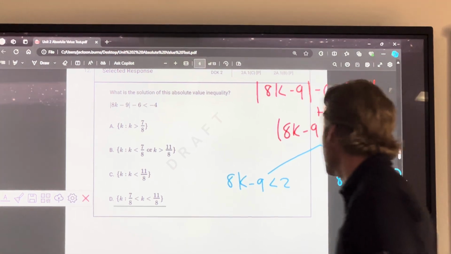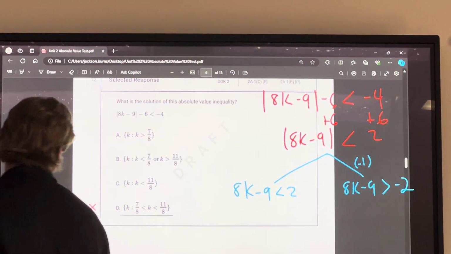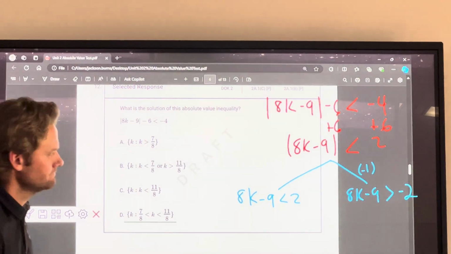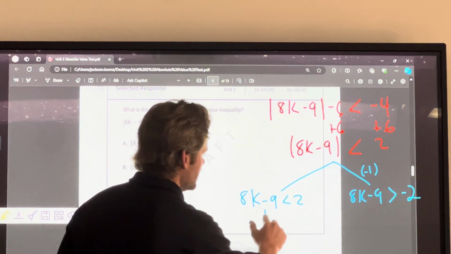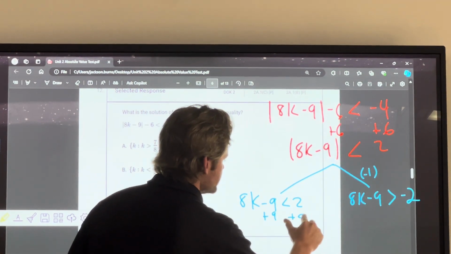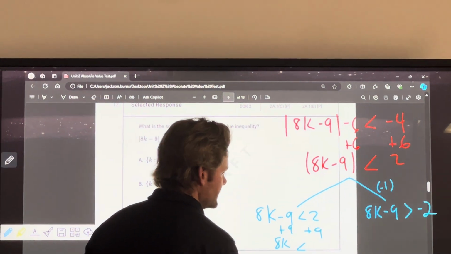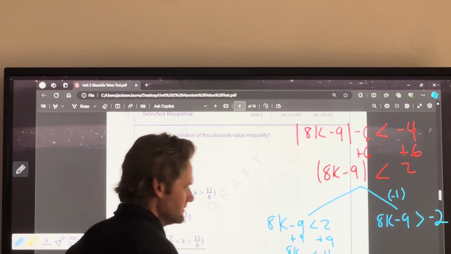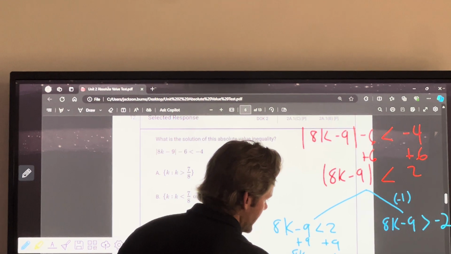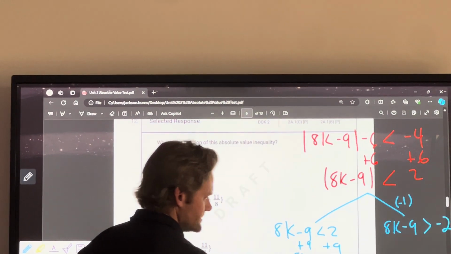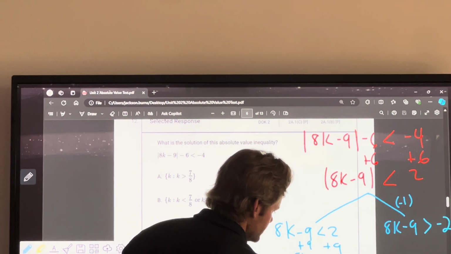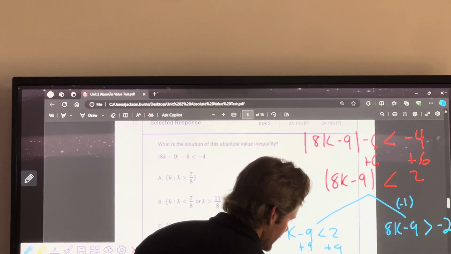All right, so 8k minus 9 is negative 2. Add my 9 to both sides over here. I get 8k is less than 11. Divide by 8, all right? I get k is less than 11/8.